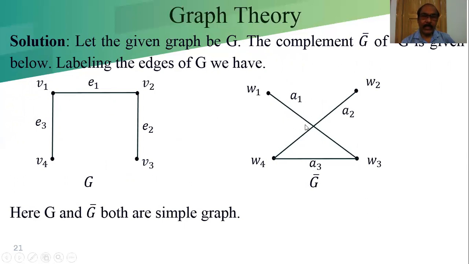Now you have to check whether they are isomorphic or not. That means G bar is the same as G. Then we can say G is a self-complementary graph. From G bar, if we get G, then we can say it is self-complementary.